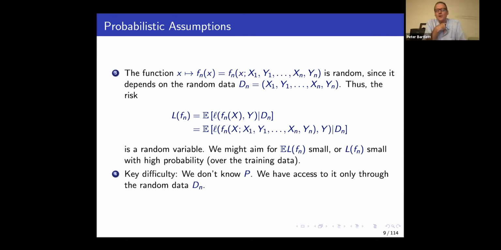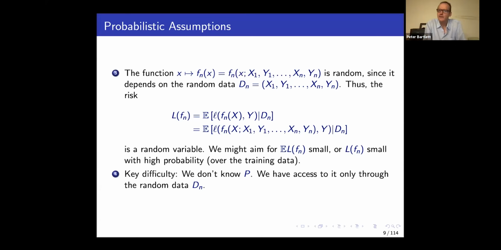And so when we write L of Fn, the subscript n here is used throughout to denote things that depend on the sample of size n. So when we write down the risk L of Fn, I told you that was the expectation. It's actually the conditional expectation. In this case, where Fn is random, we're actually going to use that to denote the conditional expectation of the loss that it incurs on a random XY pair, conditioned on the training data.